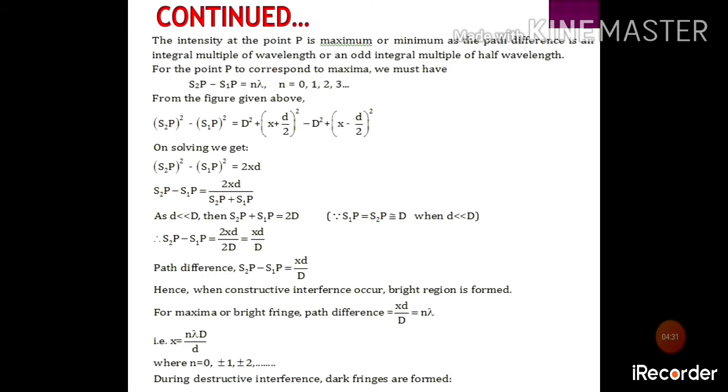Now since we know that small d, the distance between S1 and S2, is very small compared to capital D, the distance between the sources and the screen, we can roughly take S1P nearly equal to S2P, and both are equal to capital D. By substituting this value in the above relation, we will get S2P minus S1P equal to xd upon capital D.